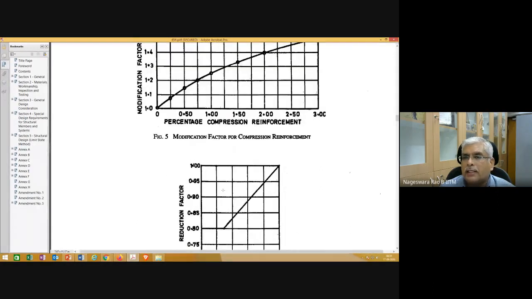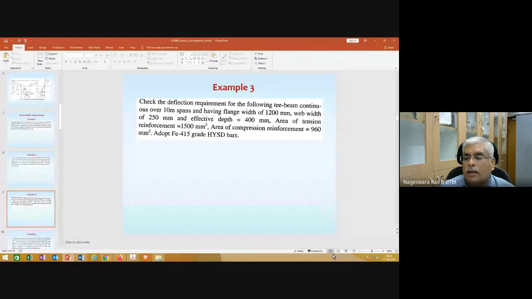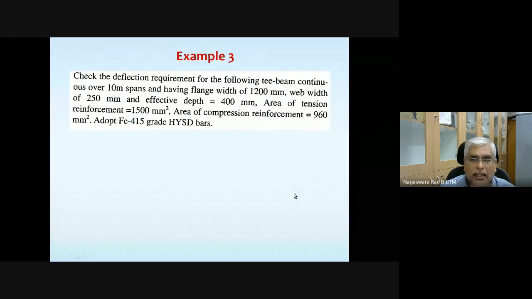Anyway, we'll come back to it. For flanged sections, if you want to use figures 4 and 5, that is the modification factor for tension reinforcement and compression reinforcement, while calculating the percentage of corresponding steel, you need to use BF multiplied by D. So with that, quickly do that calculation and tell me the percentage of tension reinforcement and percentage of compression reinforcement.